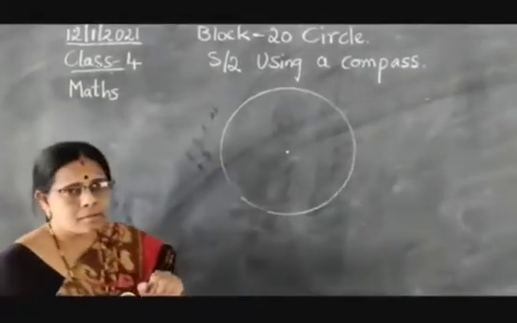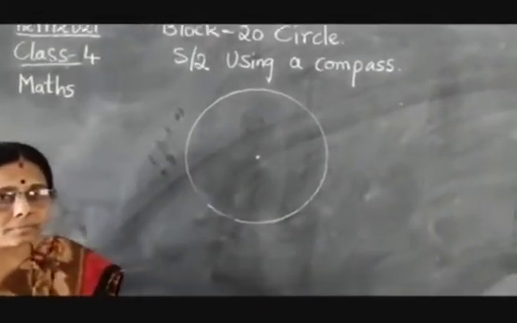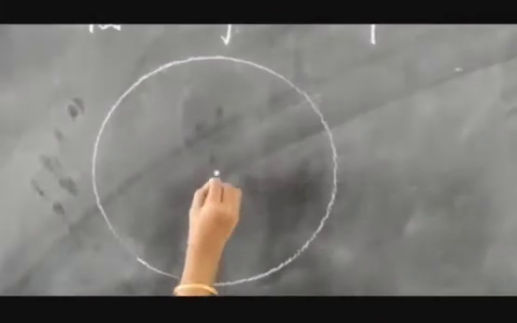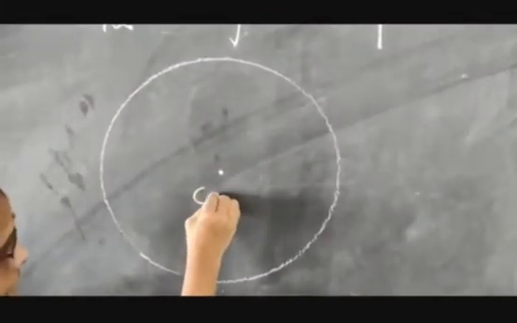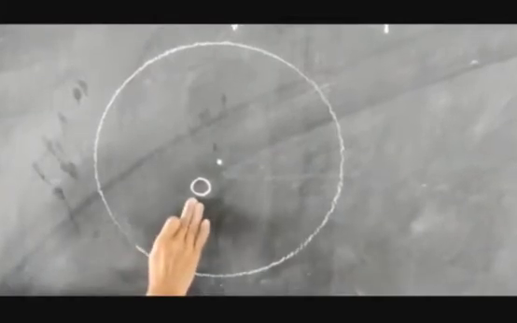This is the circle. So this is the center of the circle. This point is the center of the circle.